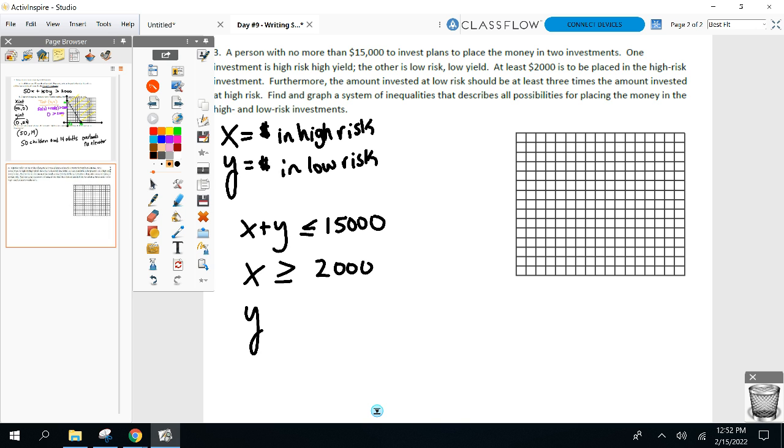Greater than or equal to 3 times the high risk. We don't know if we put 2,000 or not in there. We can't assume that. But we do know we put X in there. 3 times the high risk.